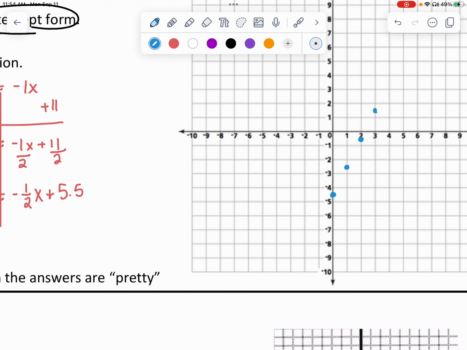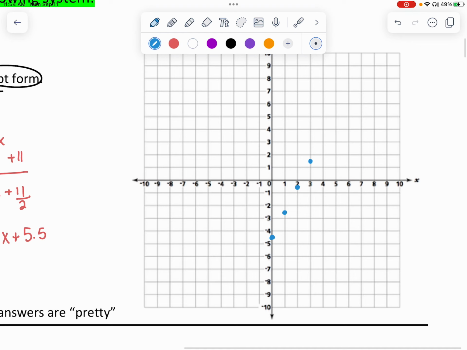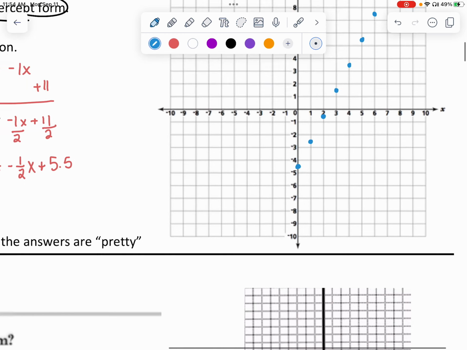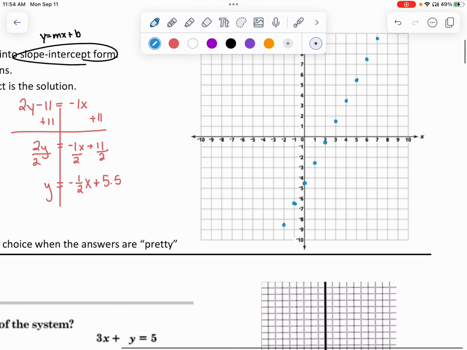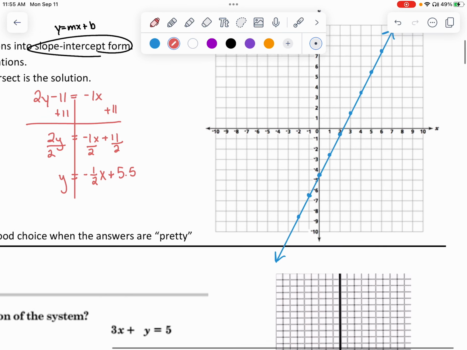I highly encourage you to go the other way too and to use as many points as possible with your first line. Those of you who are listening without volume may not catch on to that. It's because we need to be as accurate as possible because we need to see where they intersect. We don't want to guess where they intersect.